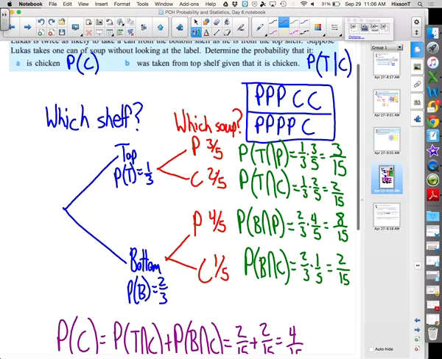Almost any time a doctor runs a test, there's a possibility that the person getting the test could not have that disease, but the test comes back and says that they do. We call that a false positive.